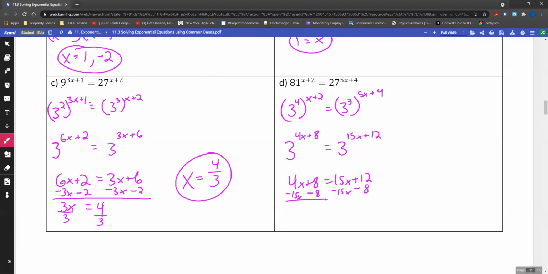So I end up getting negative 11x equals 4. On both sides, and I get x equals negative 4 over 11.